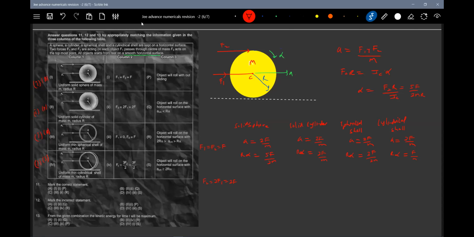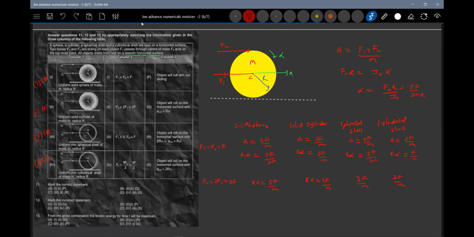The value of R alpha is 5F by M. Four F by M, 3F by M, 2F by M. Now, what about acceleration for all? 3F by M, acceleration should be 3F by M. So you will write acceleration here so that we can save time instead of writing many times. That's in exam, I think so. All things matter.